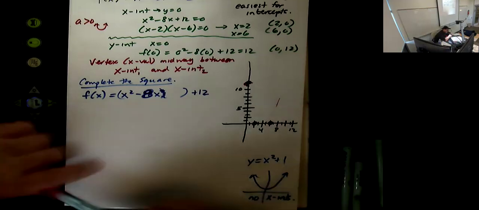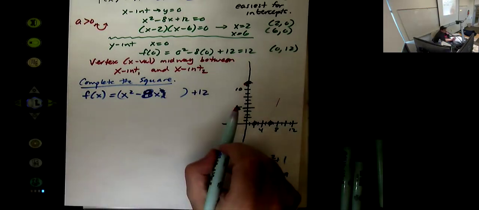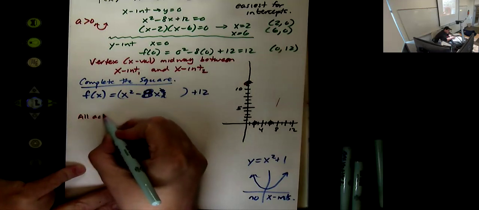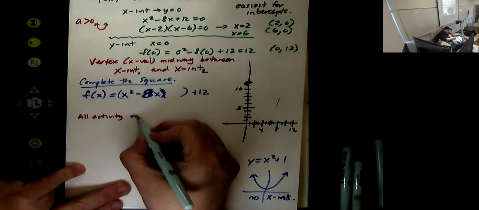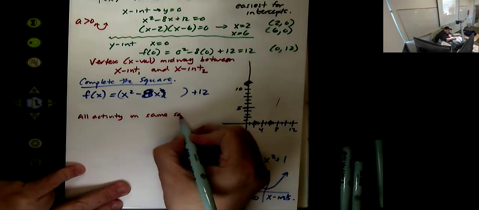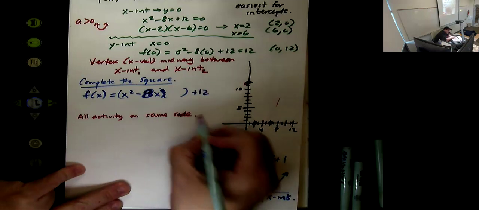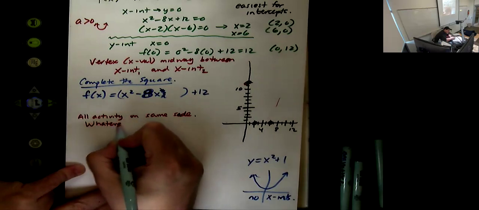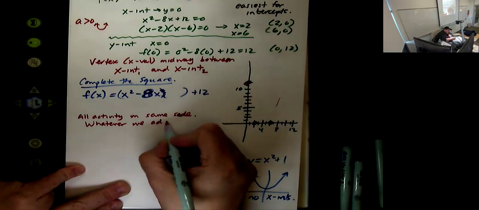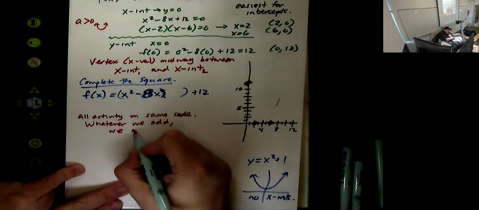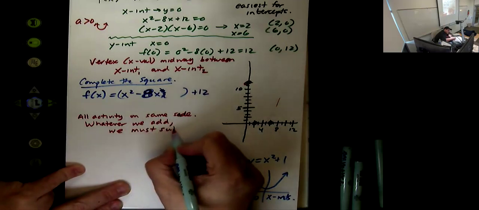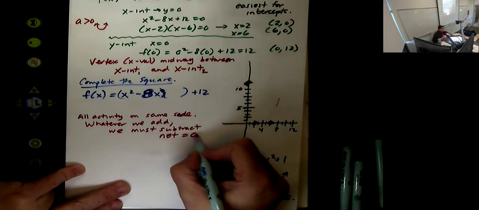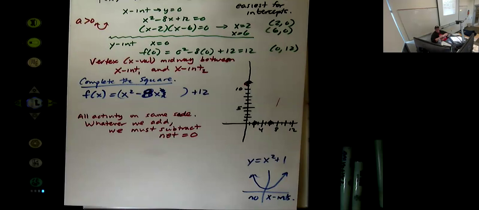So the important thing to know here, since we're going to do everything on the same side, is all activity on the same side for this. So whatever we add, we have to subtract, for a net change of 0. We don't want to change the value of the equation.